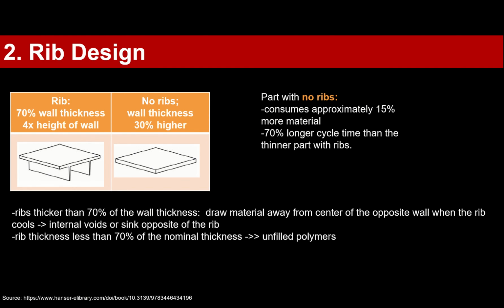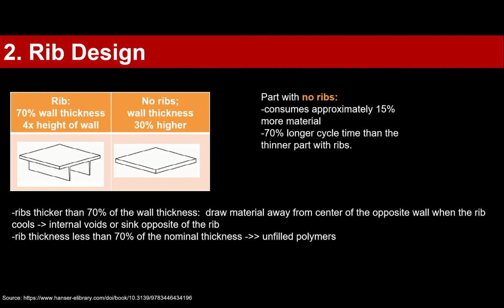What happens if we use ribs which are thicker than 70% of the wall thickness? Then the material tends to draw away from the center of the opposite wall when the rib cools down, and then you have internal voids or sink marks opposite of the rib.